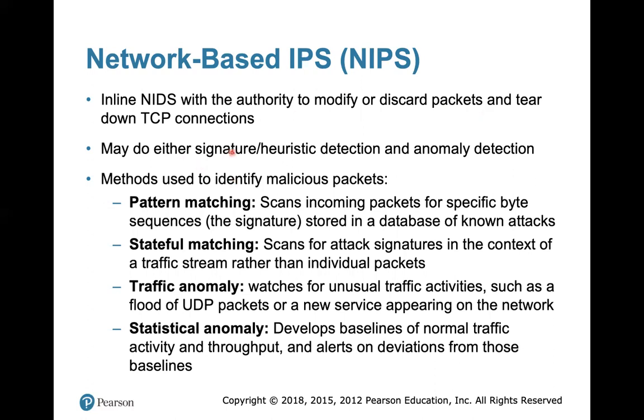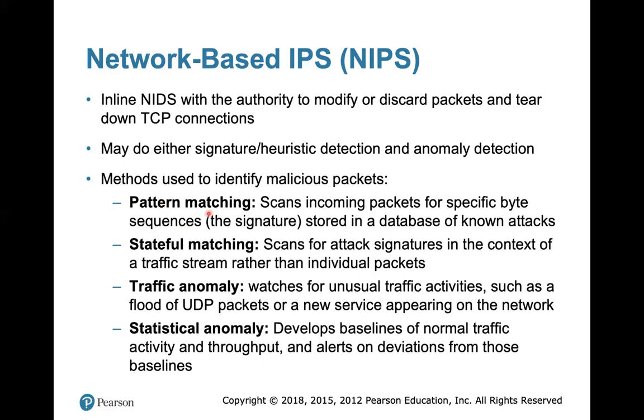Again, they may have been developed based on signature detection or anomaly detection, and the methods used to identify malicious packets in NIPSs are these. These are some examples of the parameters or methods that they take, but these are the most important and most widely used ones.